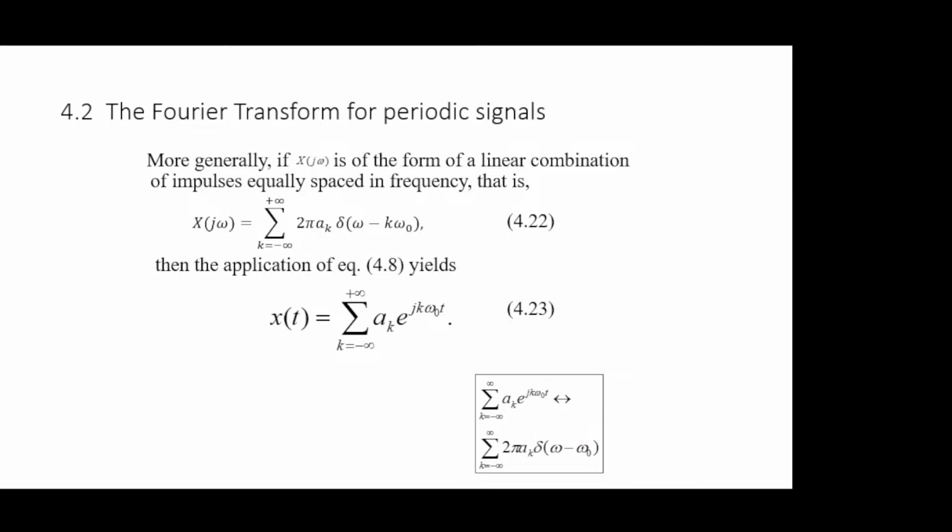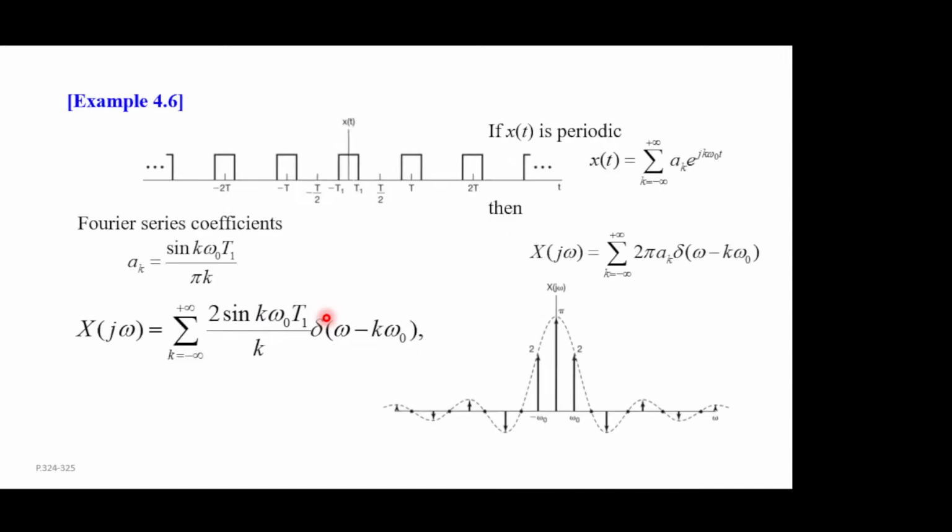So we see that you have these equally spaced delta functions as your Fourier spectrum. Then we can think of that as the Fourier transform of a Fourier series, or of a periodic function, because every periodic function can be written in this form. So that's the idea.